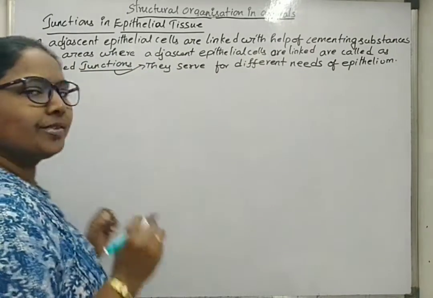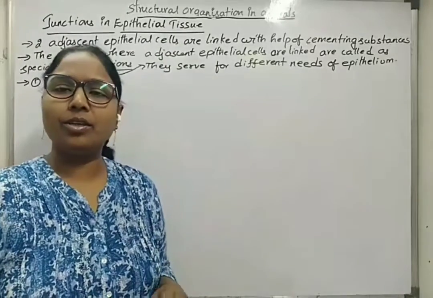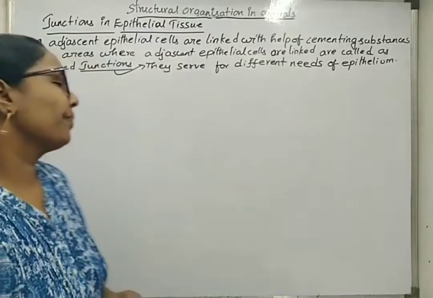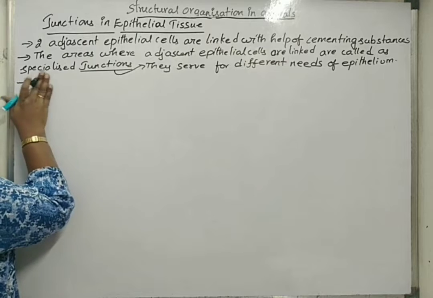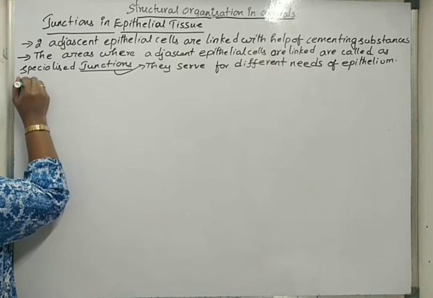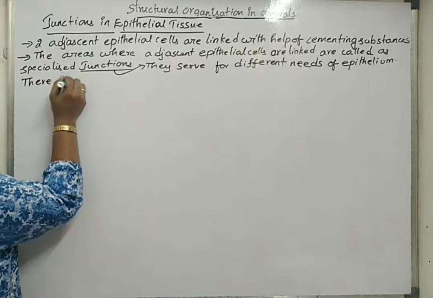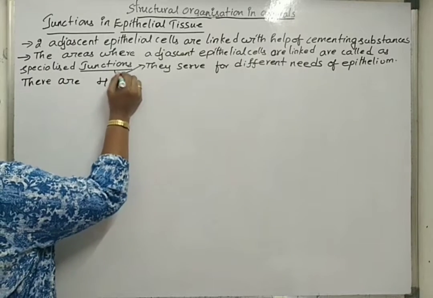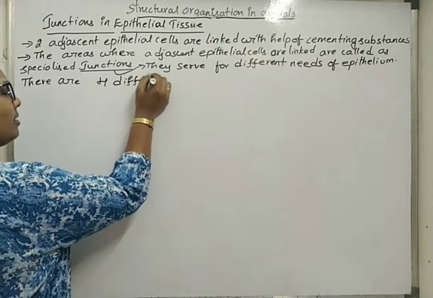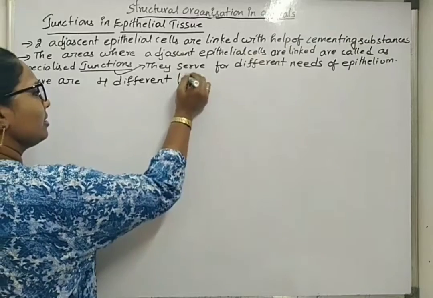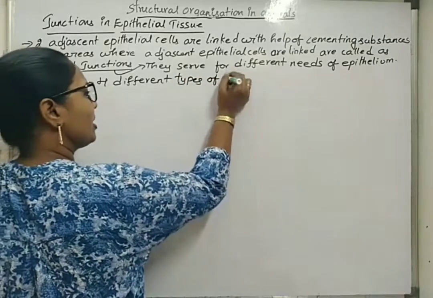So, the first modified junction or area within epithelium is interdigitation. There are 4 different types of junctions.